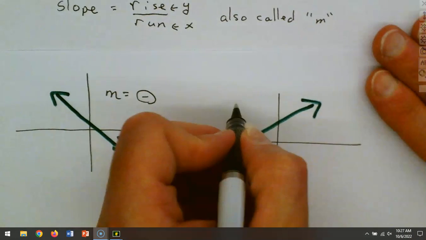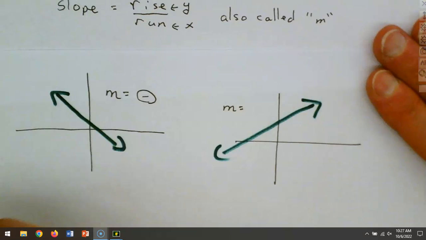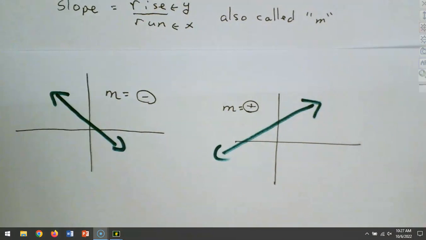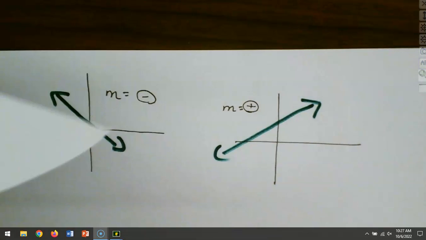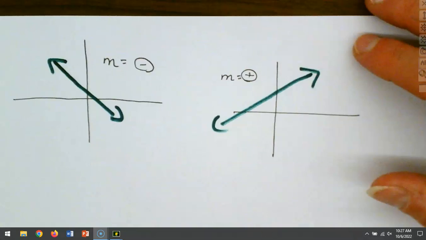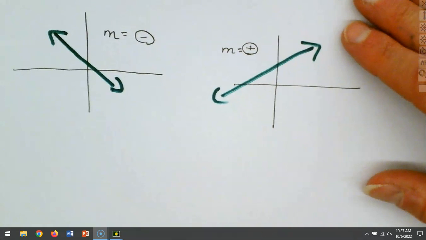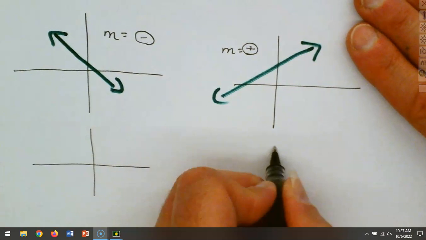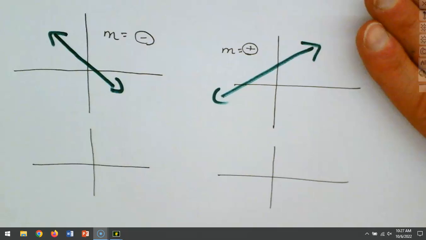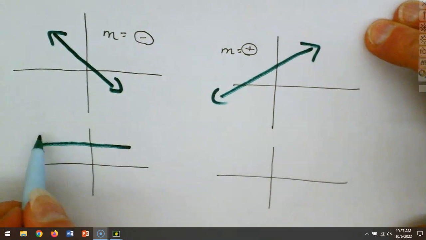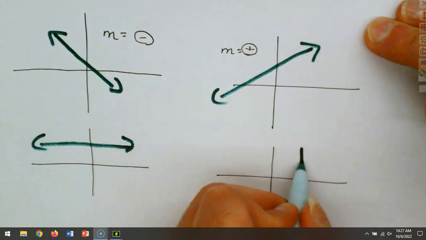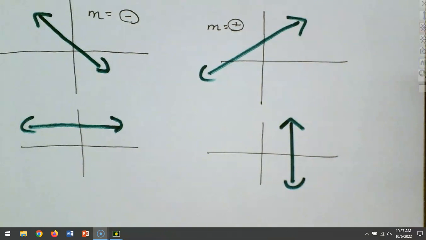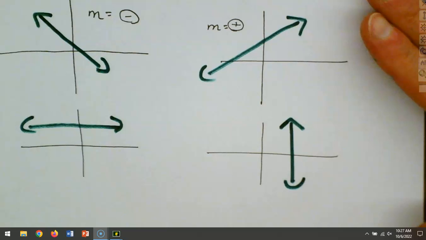And what about the other one? It's going up from left to right, so it has a positive slope. Rise over run. What about the last 2? Let's see if we can remember which is which. One of these is going to get a 0 slope, and one of these gets an undefined slope.